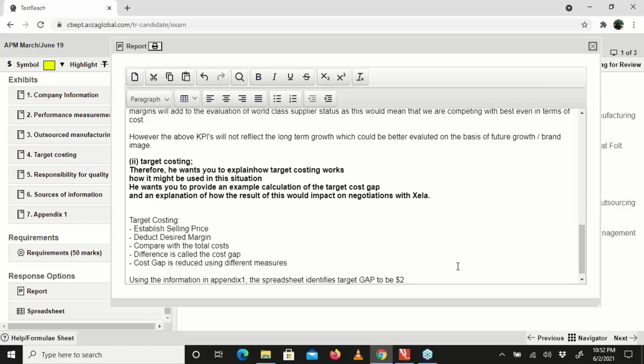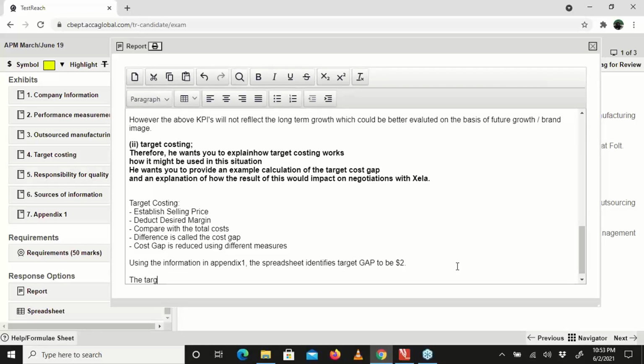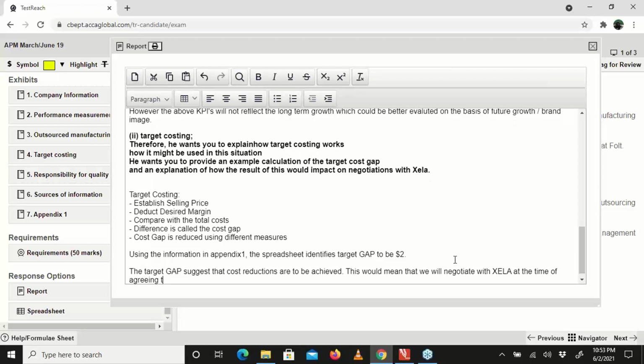Now, the target gap suggests that cost reductions are to be achieved. This would mean that we will negotiate with Zela at the time of agreeing the price for the outsourced manufacturing.